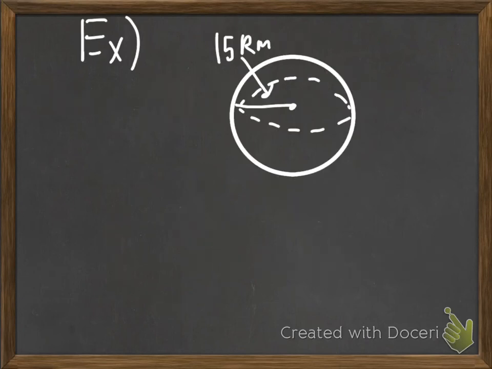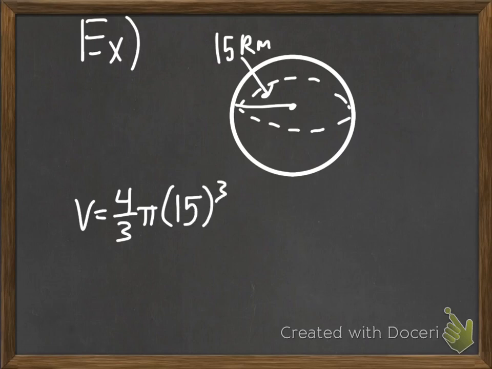Okay, last example. I want you to pause the video and try this with your group. See what you get. Okay, so our volume is going to be 4/3 times pi times my radius cubed.